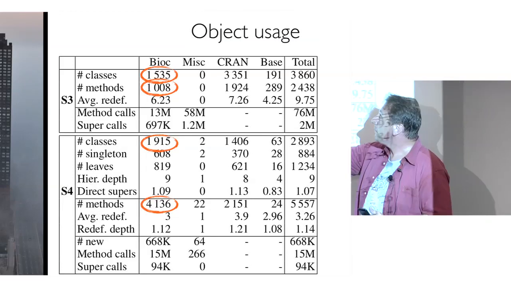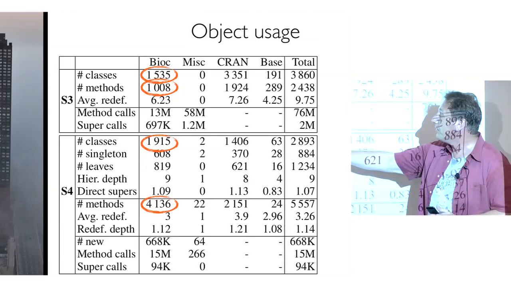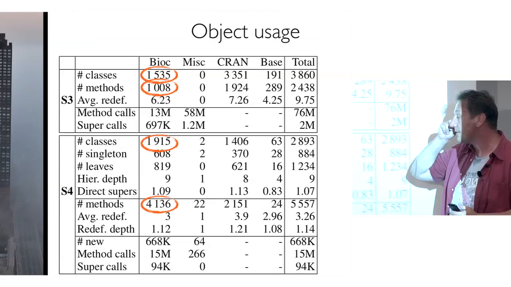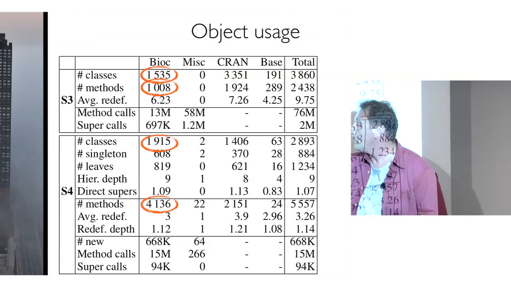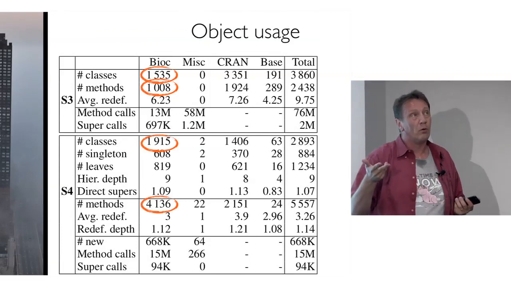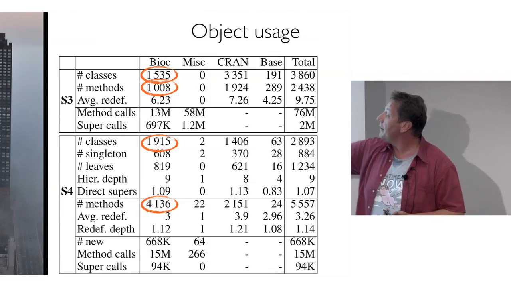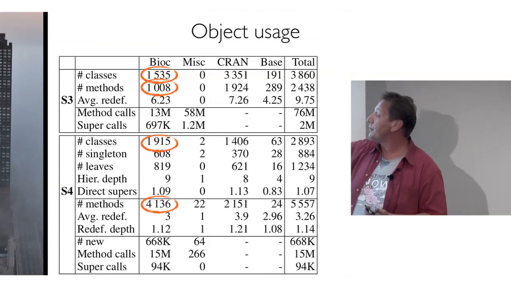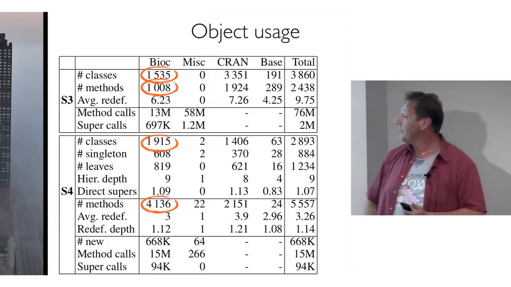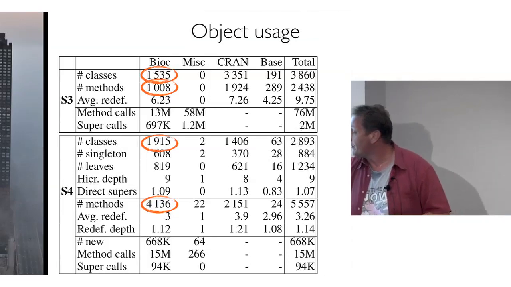In the whole of Bioconductor, there are about 2,000 classes and 4,000 methods. So most classes have 2 methods. And in CRAN, there's even fewer. CRAN is twice as big as Bioconductor. It has 1,500 classes and only 2,000 methods.